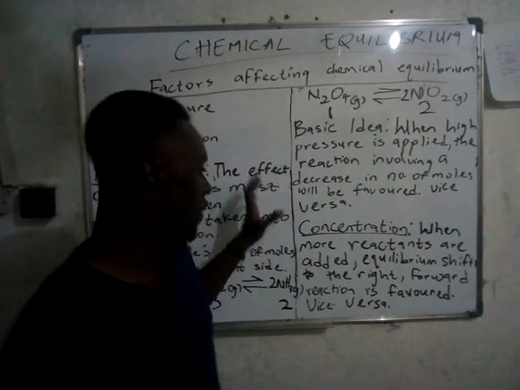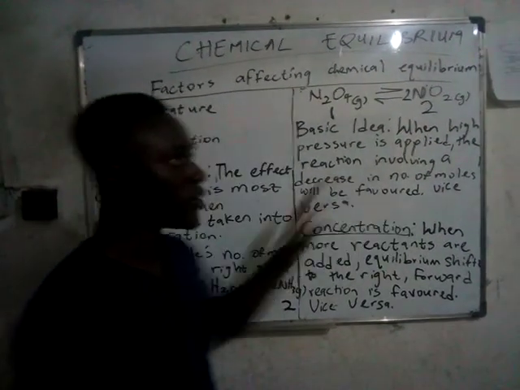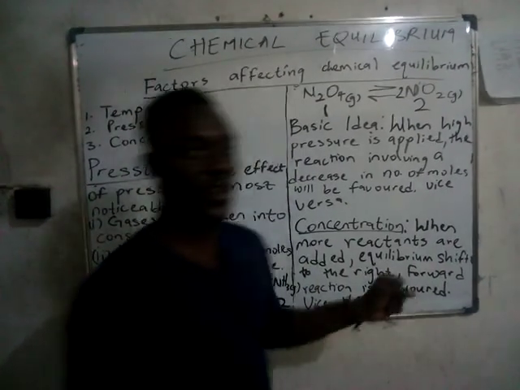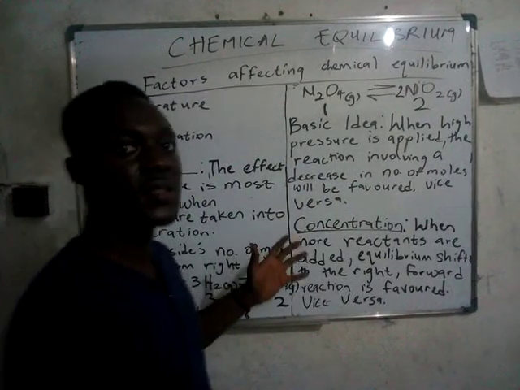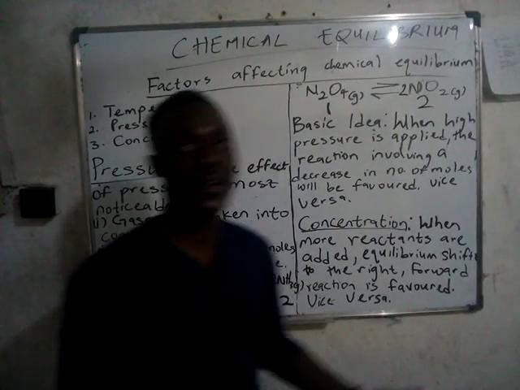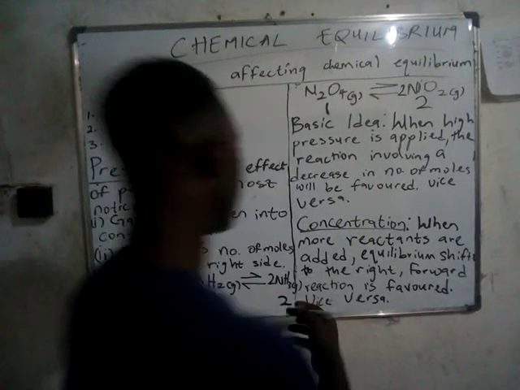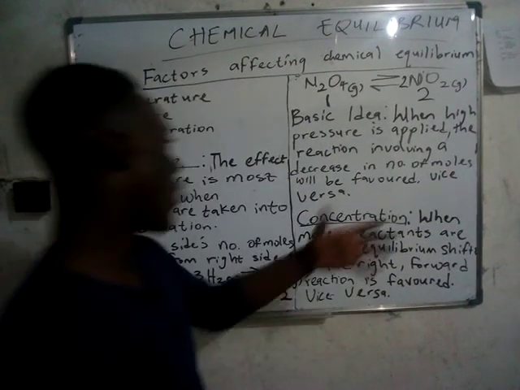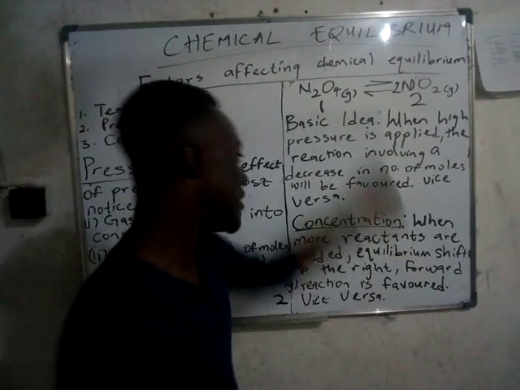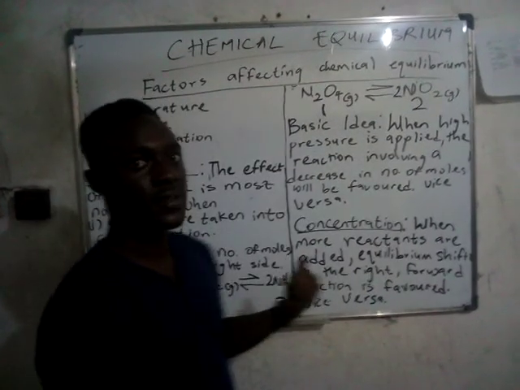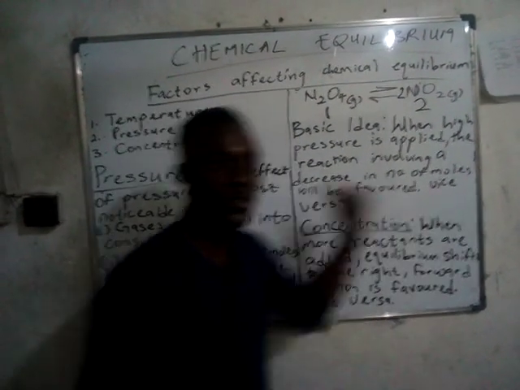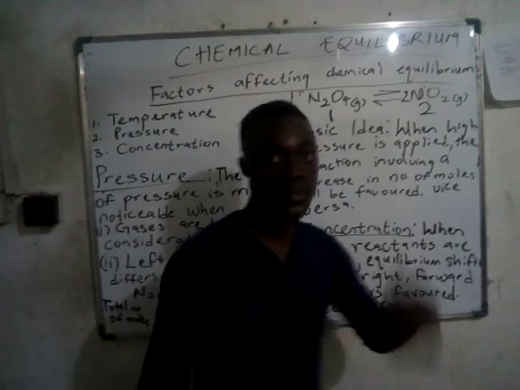It will enhance the forward reaction in order to create a balance, so you won't have more products than reactants, and you won't have more reactants than products, and vice versa. So when reactants are decreased, the equilibrium position is going to shift to the left in order to favor the backward reaction. That is the reversed scenario.